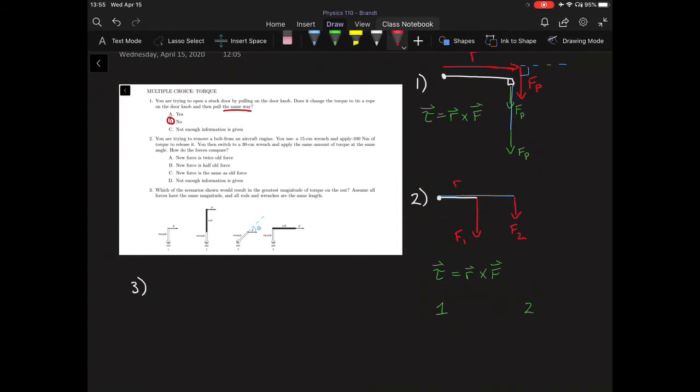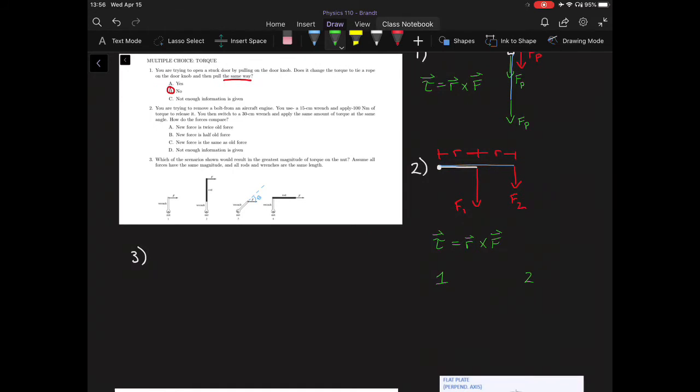We've got R here, and then we know it's twice as long, so that just means we've got R again out to the edge, because one's 15, the other's 30 for the length of those wrenches. So for wrench one, we've got our torque is going to be R crossed with some F, and we know that it's the same torque.